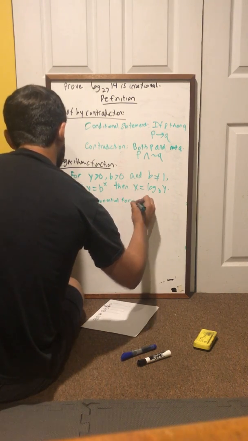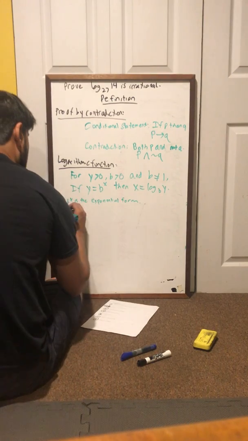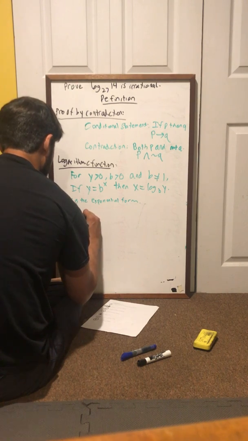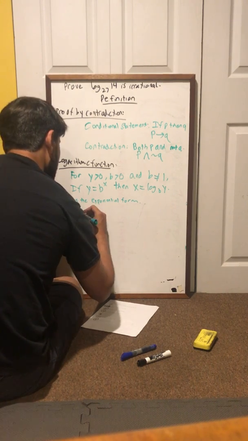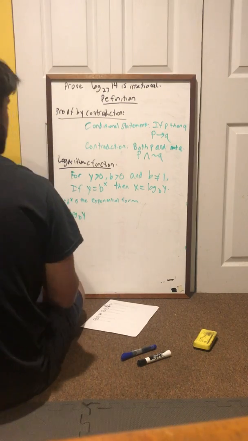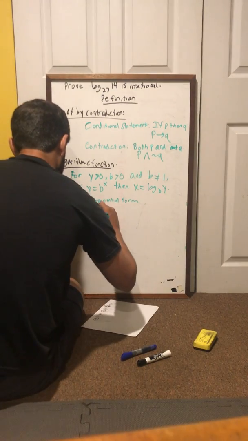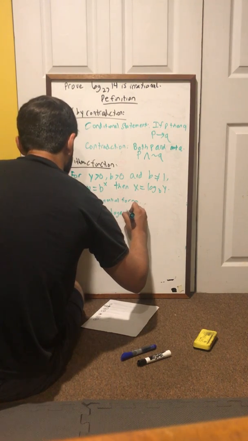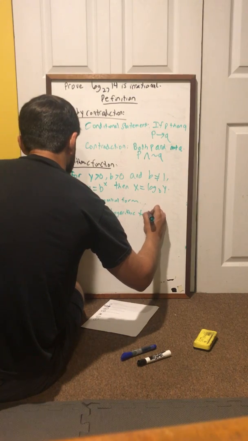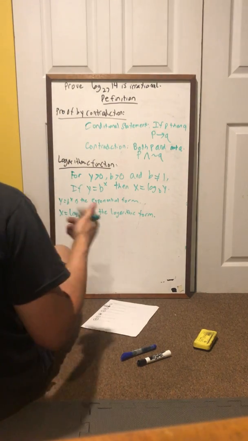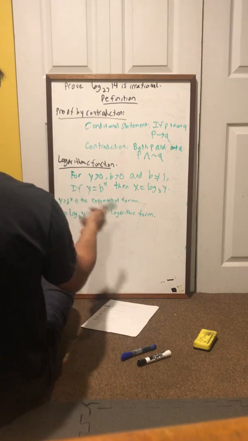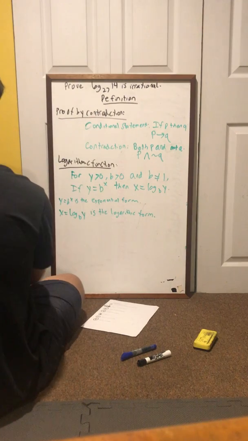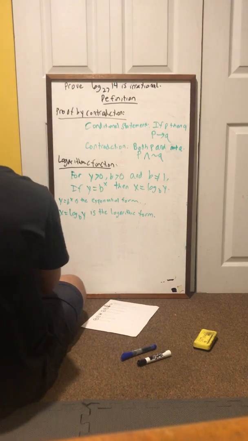X equals log base b of y is the logarithmic form. So logarithmic, the short way of saying it is log. And these are both going to be used in our proof here.